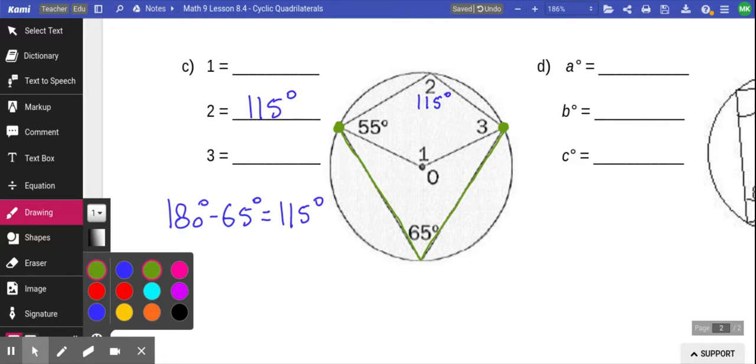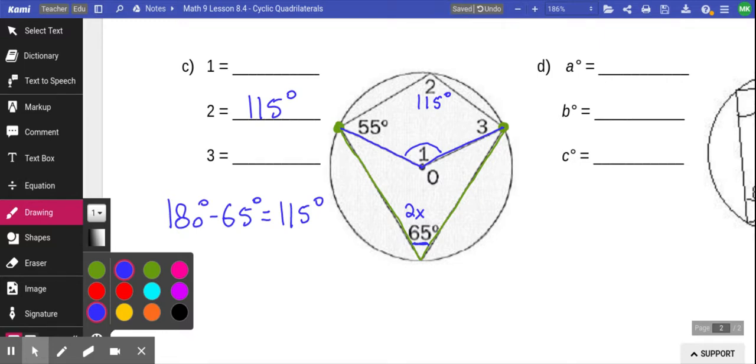And it would be half the size as if I went from one point to the center of the circle to the other point. That means this angle should be 2 times the inscribed angle of 65.